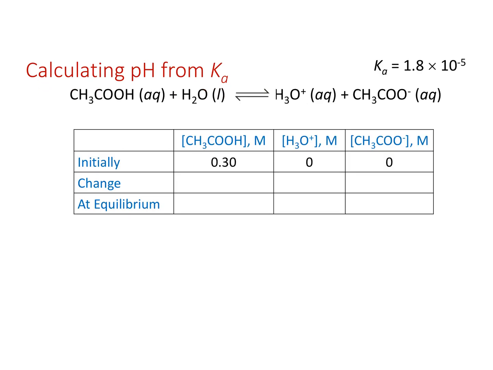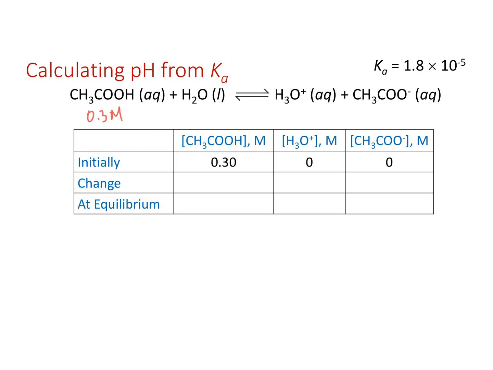So again, we can break this down into an ICE table. We know initially I have 0.3 molar acetic acid, and I know the Ka for this is 1.8 times 10 to the minus 5. So how can I put this information together to determine the pH of this solution?